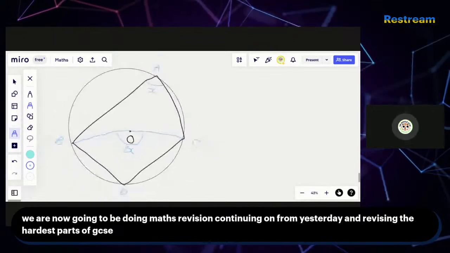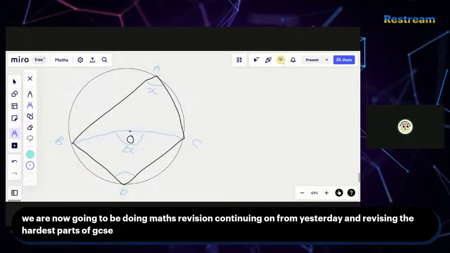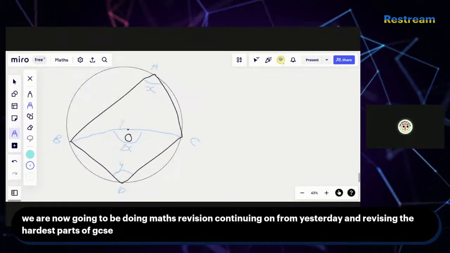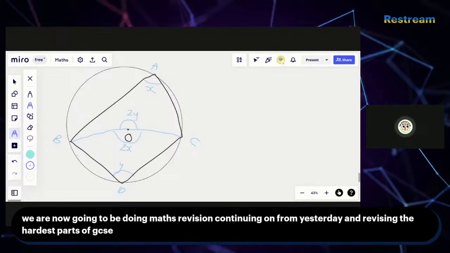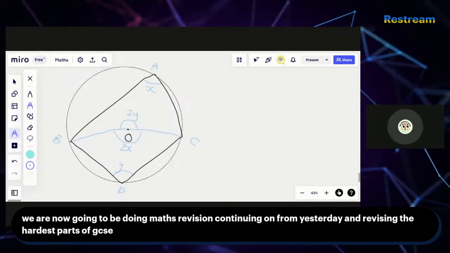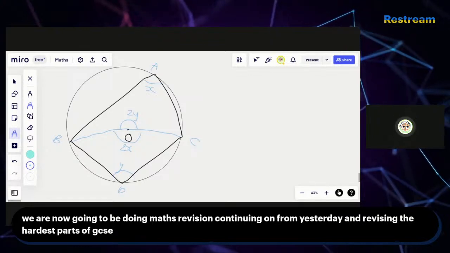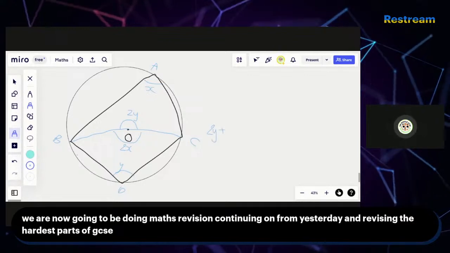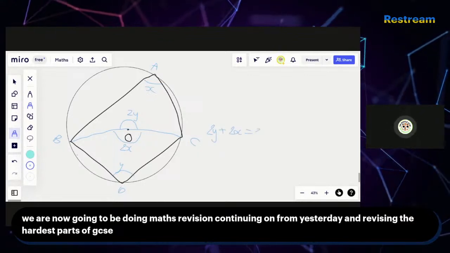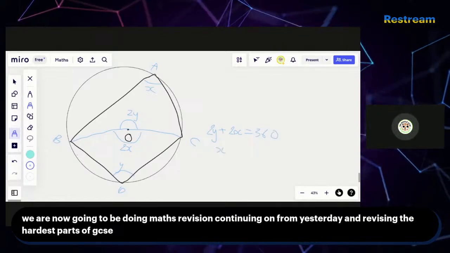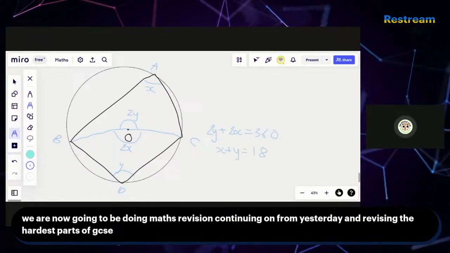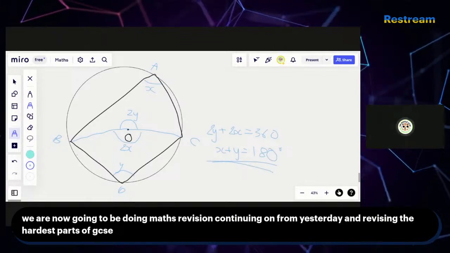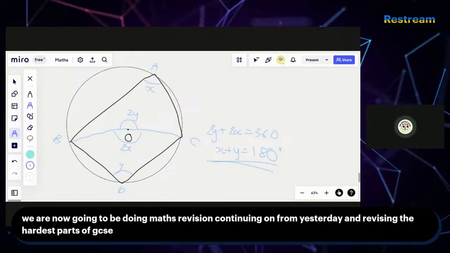Now let's do the same on this side. Let BDC equal y. That must mean that BOC must equal 2y. Now we have 2x and 2y. So we know that there's 360 degrees about a point. So 2y plus 2x must equal 360. So x plus y equals 180. Thus proving the theorem that opposite angles in a cyclic quadrilateral sum to 180.